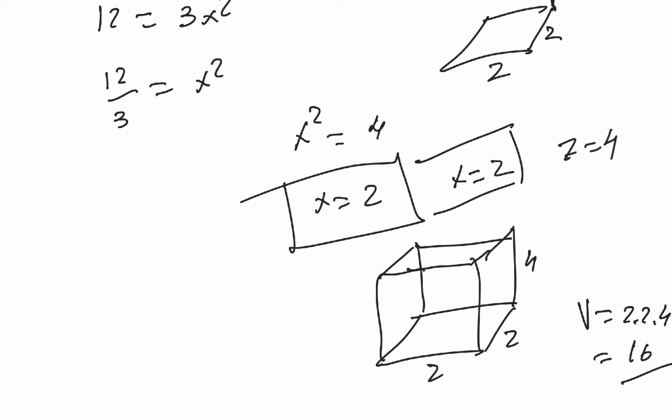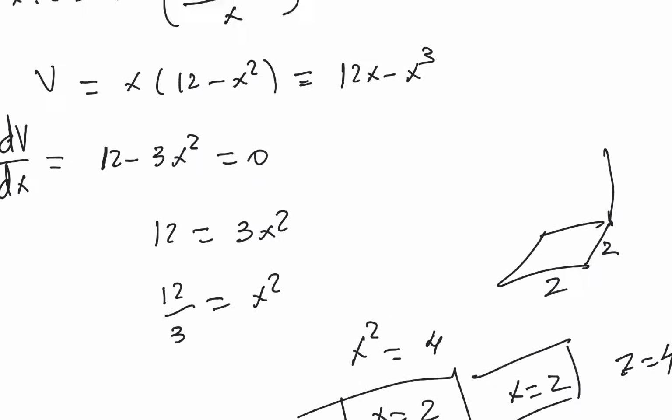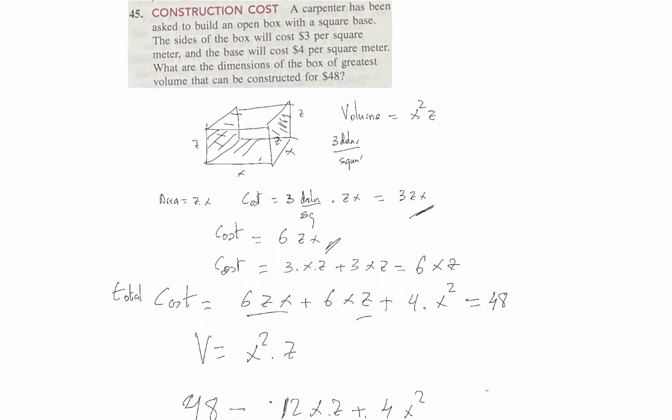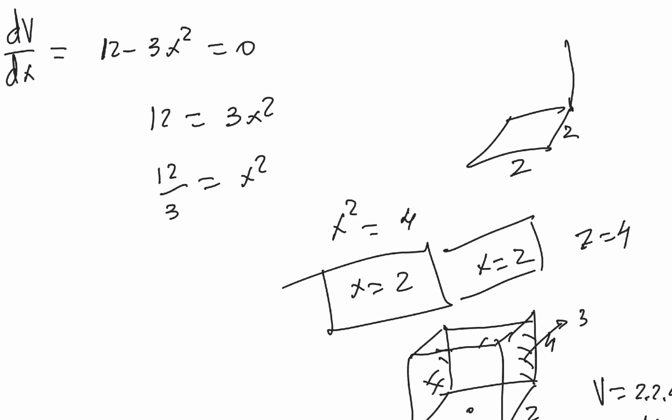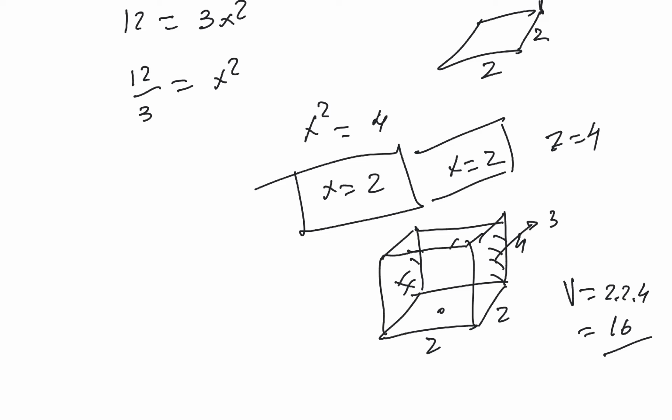So you cannot construct any with $48 and with the price of, I think it was $3 per square foot here, and on the back, and here was $4, I think, I don't remember, and $4, you cannot construct a better box with a bigger volume with $48 than this one, 2 by 2 by 4.